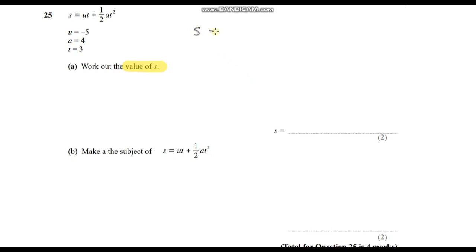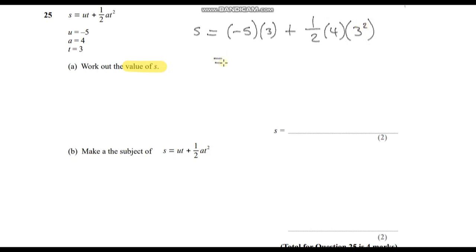So we know S is going to be U, which is -5, multiplied by T, which is 3. And then we're going to add on a half times A, where A is 4, and then multiply it by T squared. So 3 squared. We're going to multiply that by 3 squared.